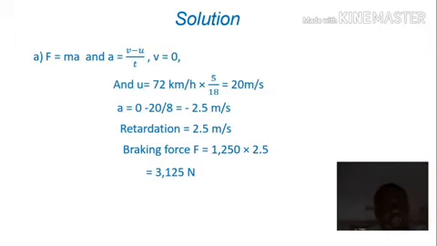So we substitute for A. A is equal to V, which is 0, minus U, which is 20, over time, which is 8 seconds, and we get negative 2.5 meters per second squared. Negative simply means it is a retardation, so we write retardation is 2.5 meters per second squared.